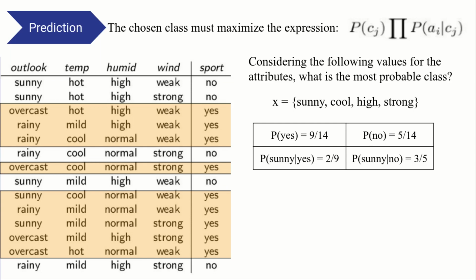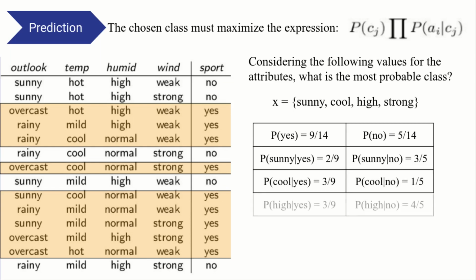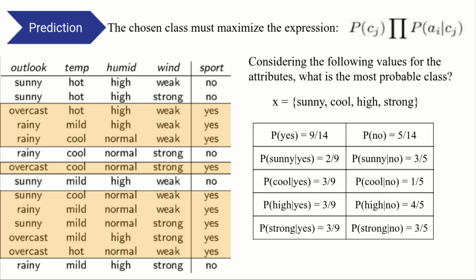If you count how many white rows have sunny on the attribute outlook, you will get to the number 3. So the probability of a sunny outlook, given that there is no sports practice, is 3 out of 5. Repeat this reasoning for all other attributes to complete the table, and you will arrive at this.